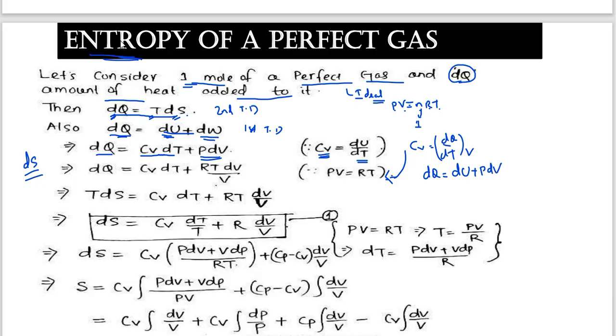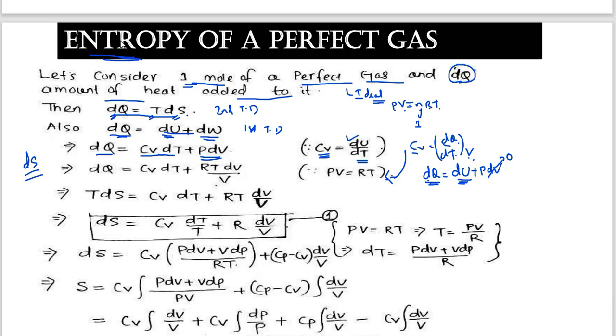So when volume is constant, the dV part will be 0, so dQ equal to dU. So Cv equal to dQ by dT at constant volume means we can write dQ as dU. So Cv equal to dU by dT.